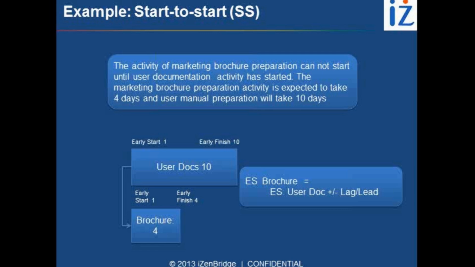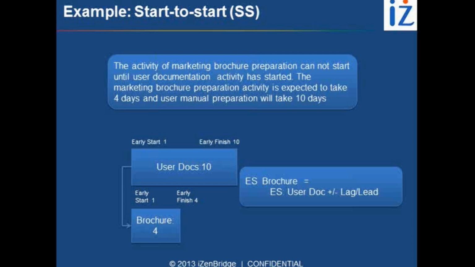So the example could be that the marketing brochure preparation activity is expected to take 4 days and the user manual preparation will take 10 days. In that case, how do you calculate early start or early finish dates? That is what I have tried to explain here.